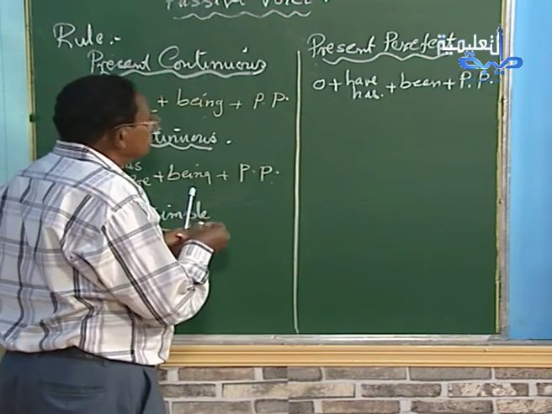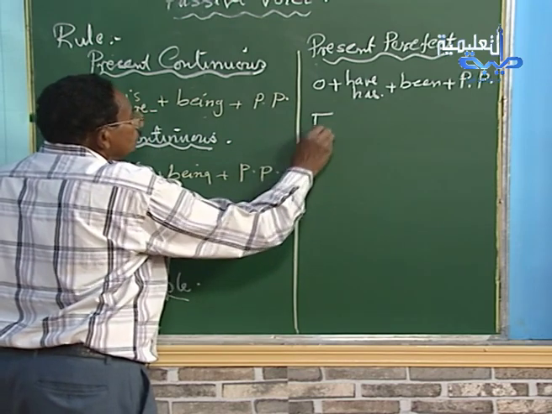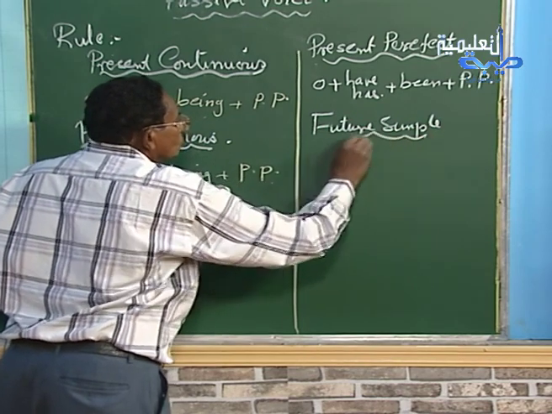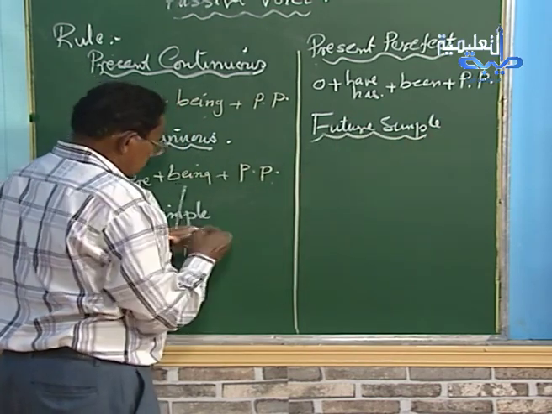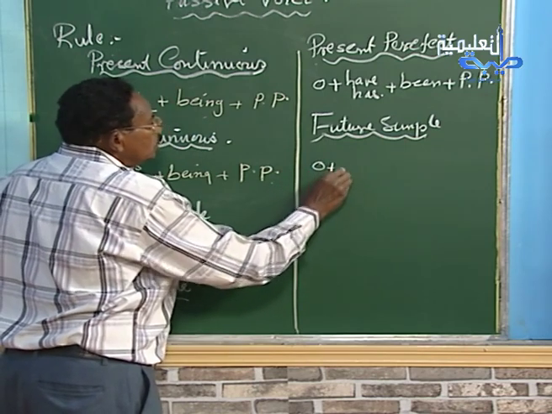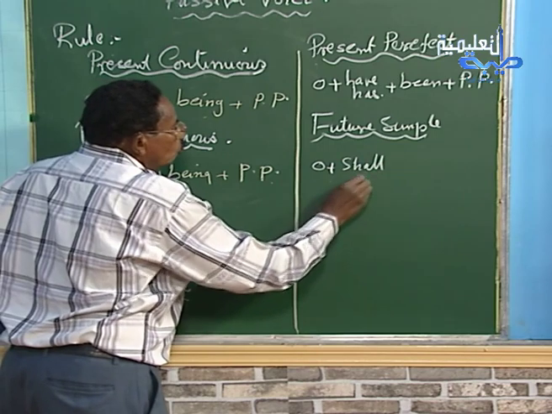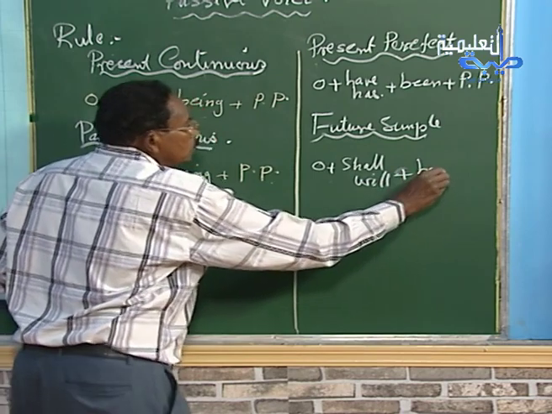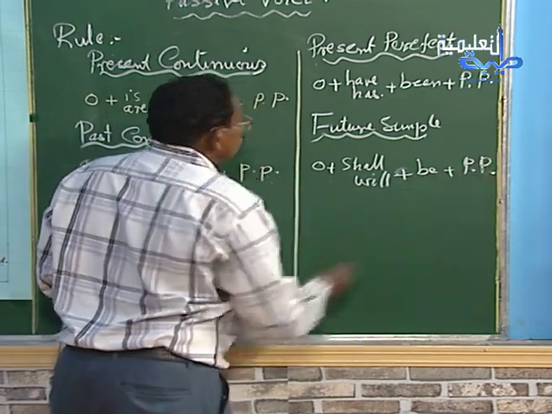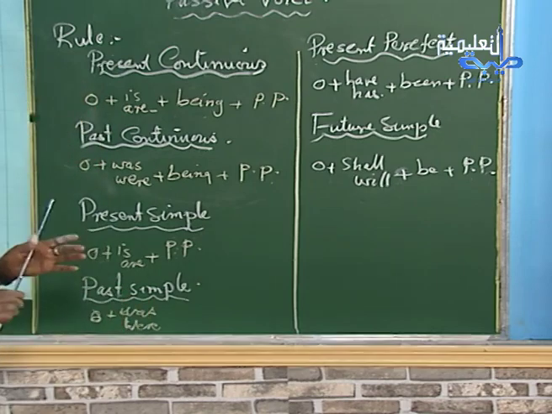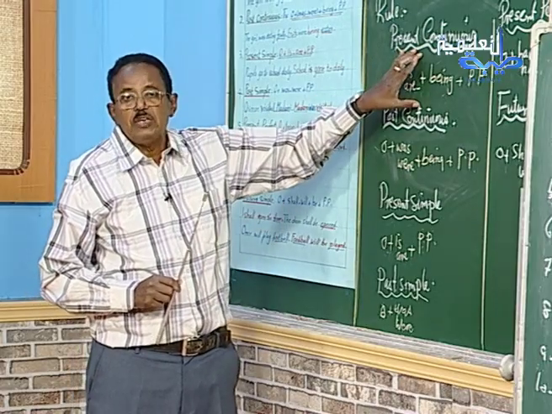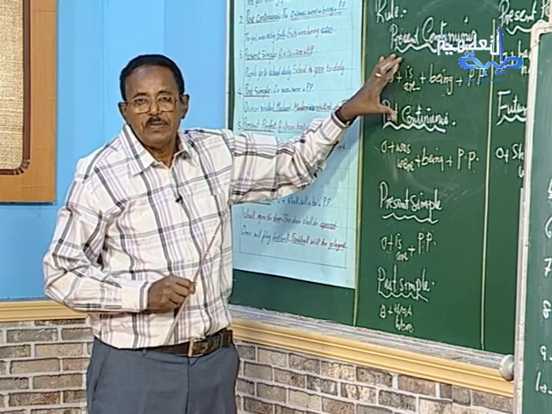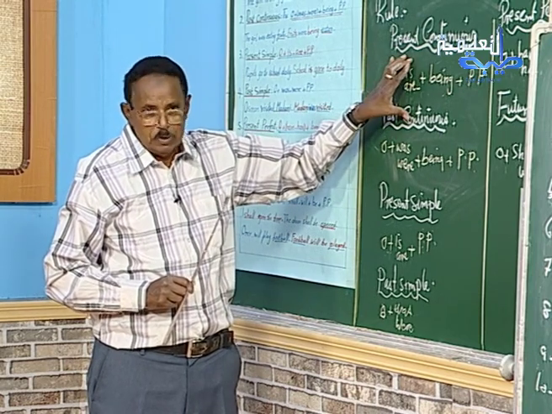For the future simple, object plus shall or will plus be plus past participle. The important thing that you should do is to keep these rules. When you keep these rules, you are going to know how to deal with the passive voice.